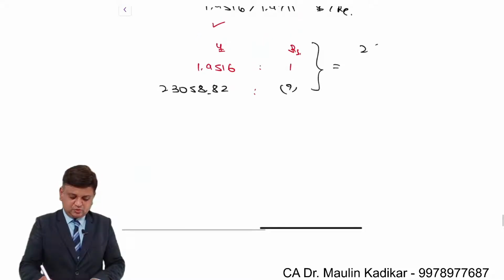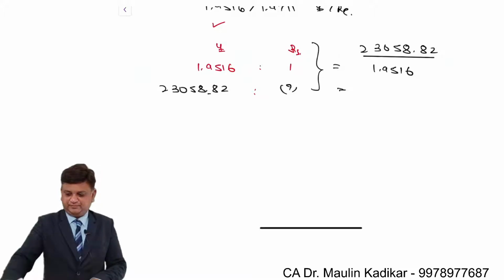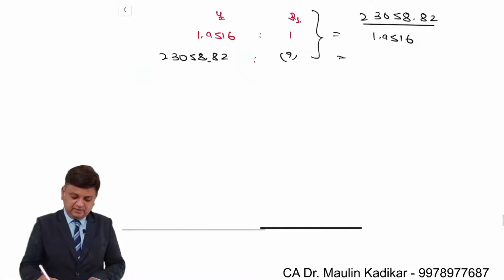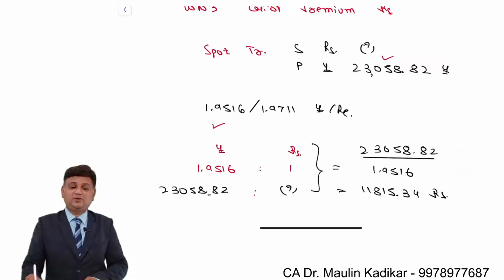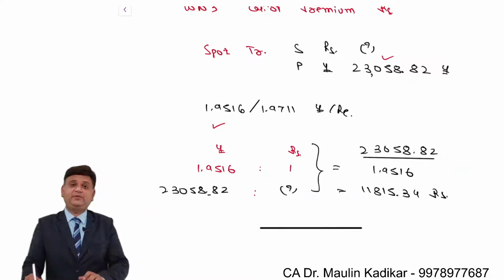So the answer is 23058.82 divided by 1.9516. So 11,815.34. This is the amount of rupees that you are required to sell for purchasing yen, which is supposed to be paid for the premium.